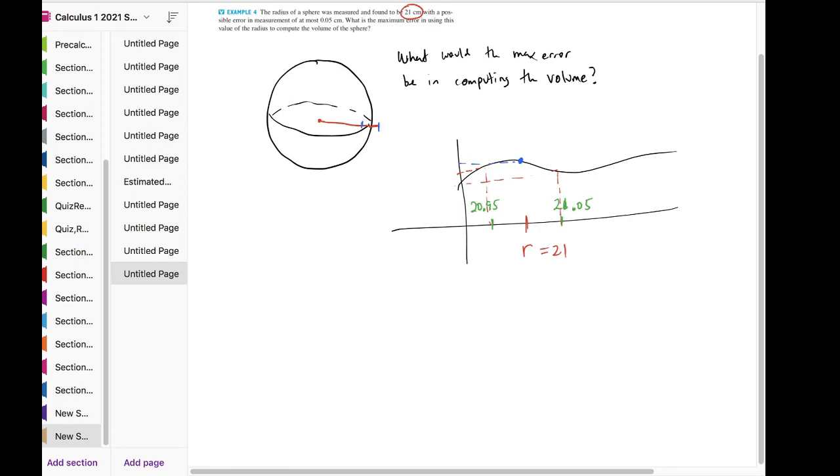Well, we know the change in x is dx or delta x, and using the same formula, measuring the error will be some dy.